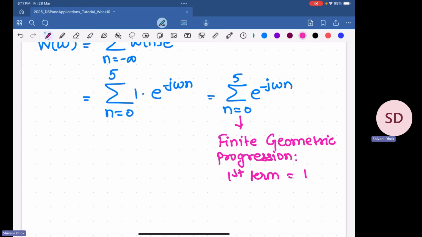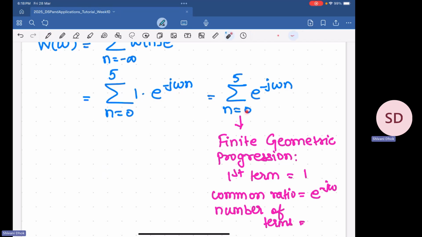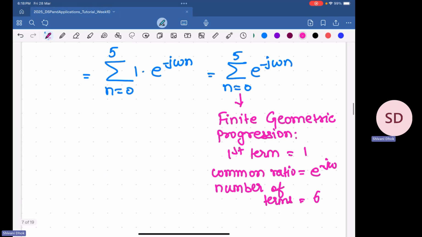With first term as 1, common ratio as e power minus j omega, and number of terms is, it starts from 0 and ends at 5. So there are total 6 terms. Okay.